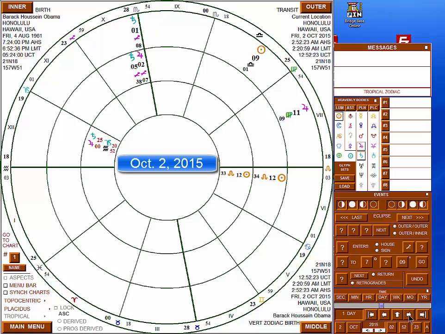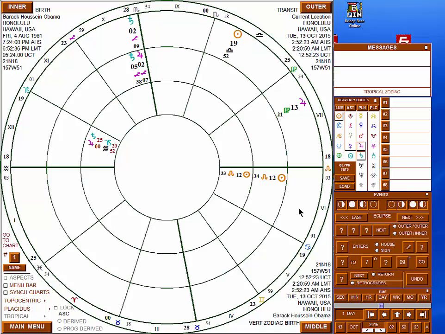And how long does it take? Quite some time. I'm going one day at a time. Here we go. It exactly conjuncts vertical zodiac Jupiter on October the 13th.